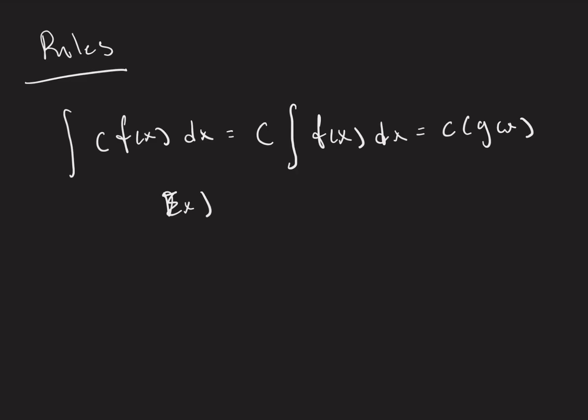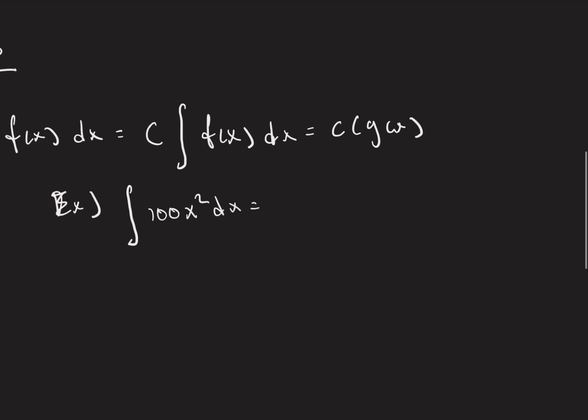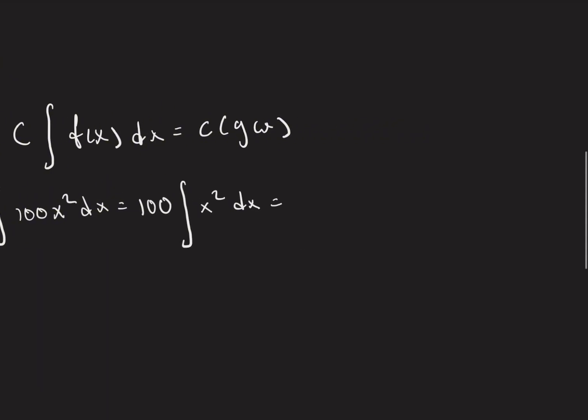How would this look? An example would be, let's just do 100 times x squared dx. So you just move the 100 out, so it'll be x squared dx, and you just solve for the integral.